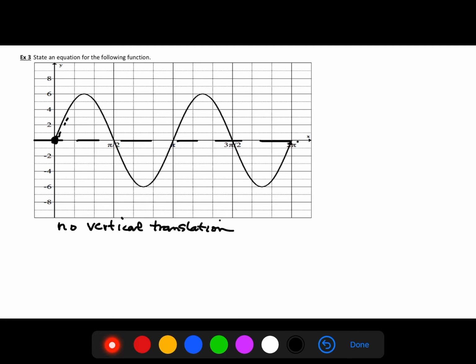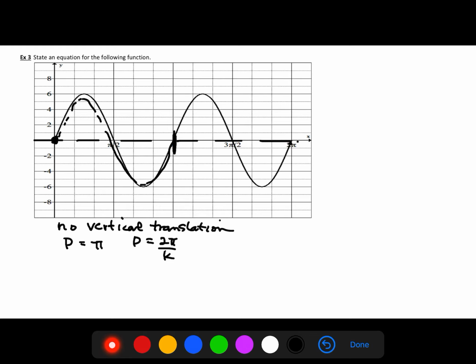Our y equals sine theta starts at 0, 0 in the middle, which this does, so we're going to use sine. We're looking for our period, which is 1 full cycle, ends here, which means our period is pi.